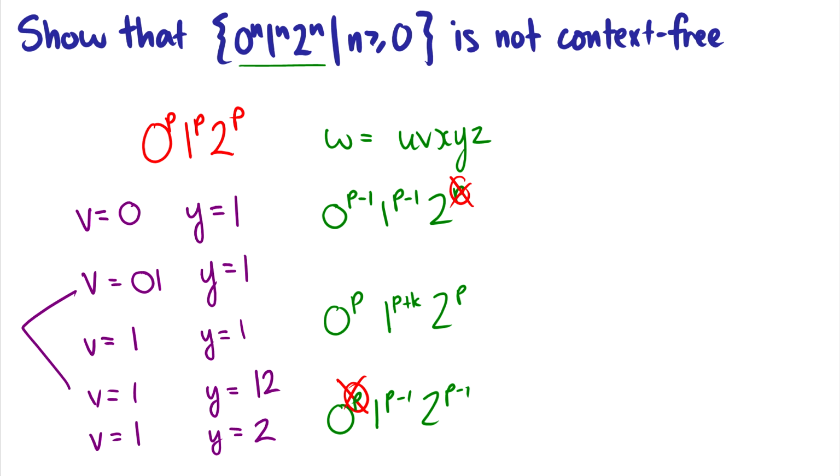And this is problematic for syntax, because there are some German structures which I might introduce in the next video that correspond to 0 to the n, 1 to the n, 2 to the n. So I may touch on that.